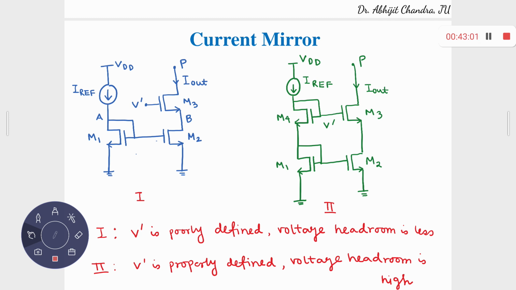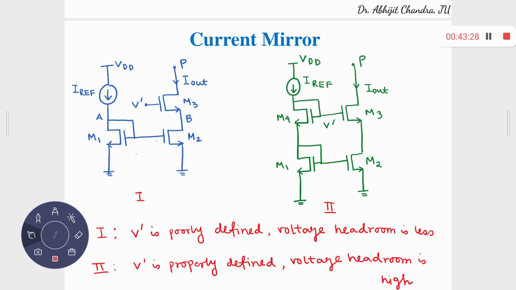V dash is properly defined, but the voltage headroom is high, so you have less swing. So there is a trade-off. In circuit 1, accuracy is less, swing is more. Circuit 2, accuracy is more, but swing is less.